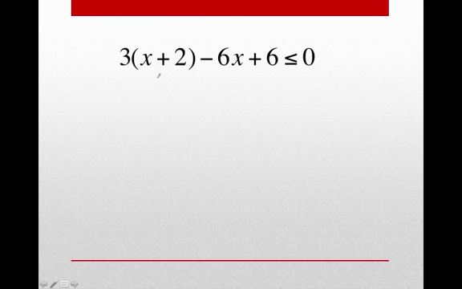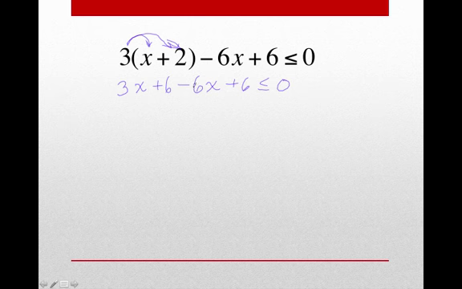So the first thing I'm going to do, of course, is distribute, because I've got to be able to simplify this side of the equation. So I have 3x plus 6 minus 6x plus 6 is less than or equal to 0, exactly as I would have done with a regular equation.